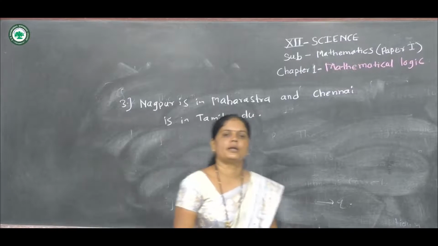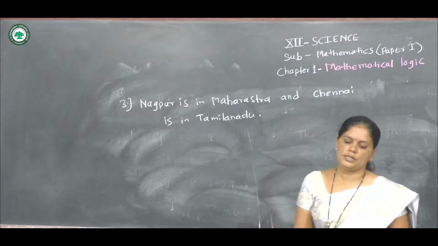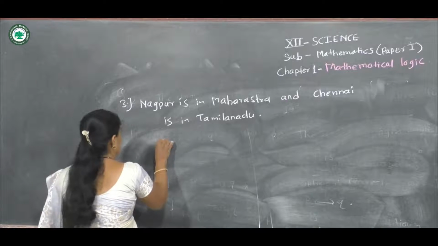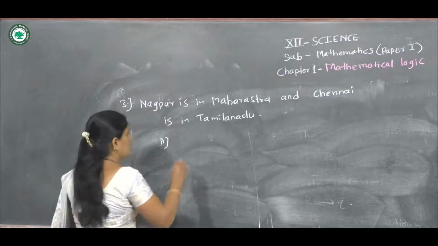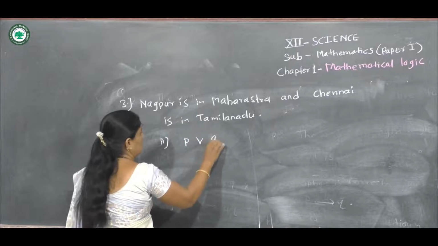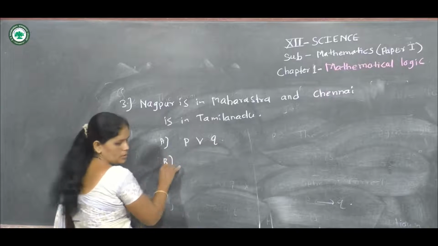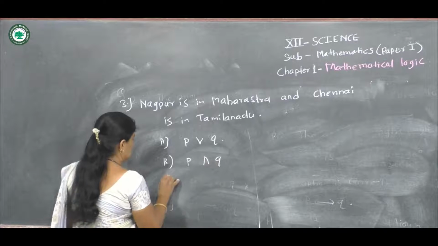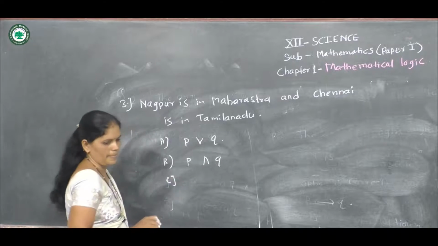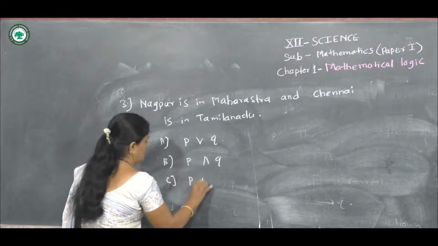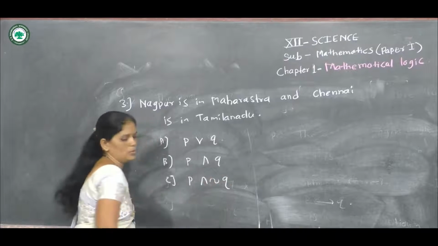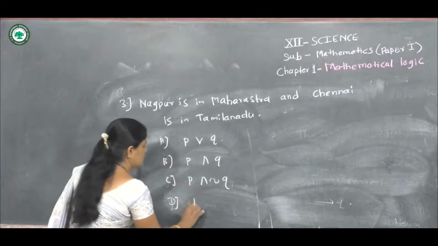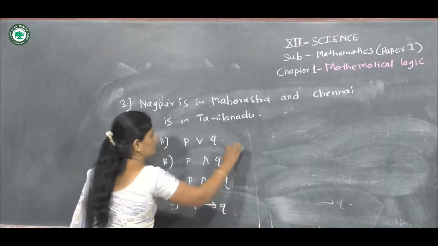The options are: A, P or Q; B, P and Q; C, P and negation of Q; and D, P implies Q.